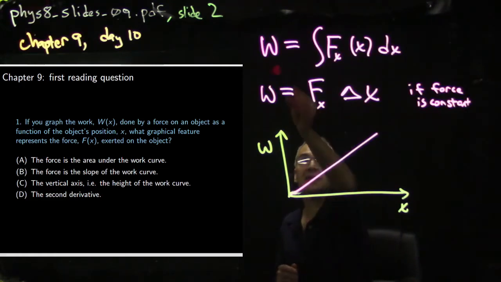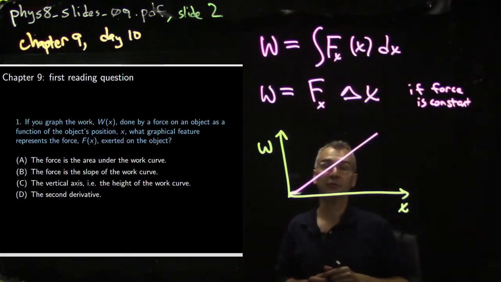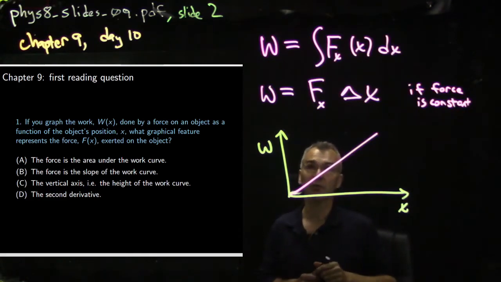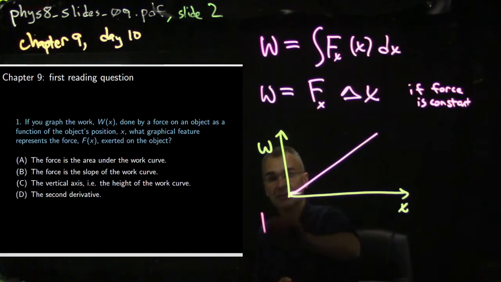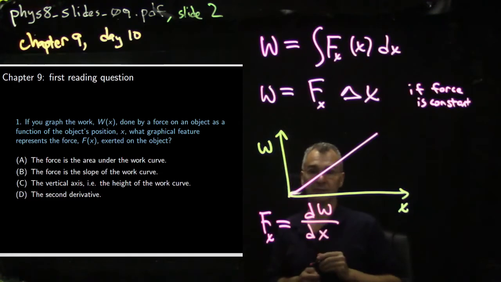We said that the work done by an external force is the integral of that force with respect to the displacement, x, of the point of application of the force. So we can turn that statement around and say that the x component of the force is the derivative of the work with respect to position.